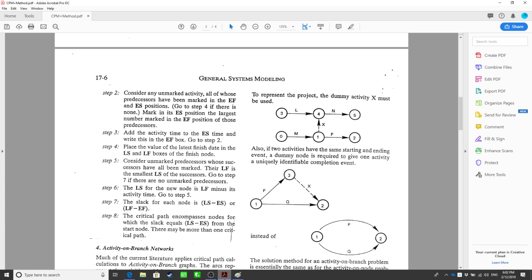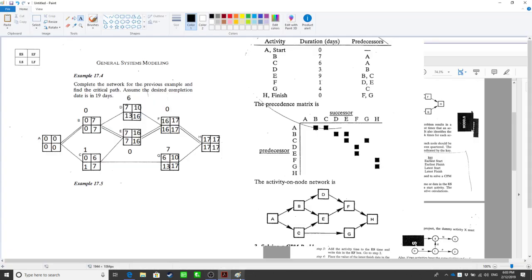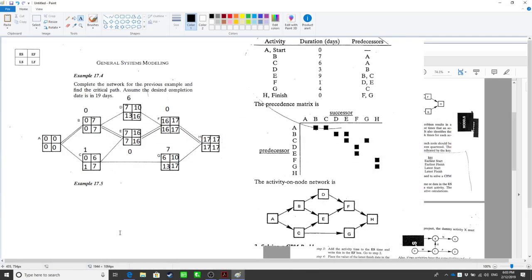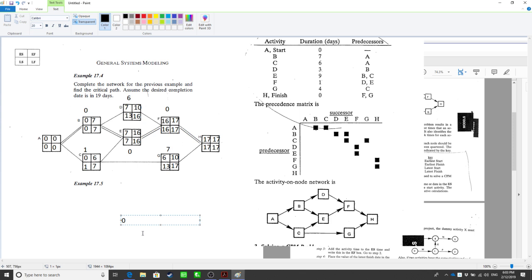So how can we identify the nodes? Now we have all this slack time of the nodes. But now let's calculate the LS minus ES of the start node, which is 0. So we just found the 0 here.